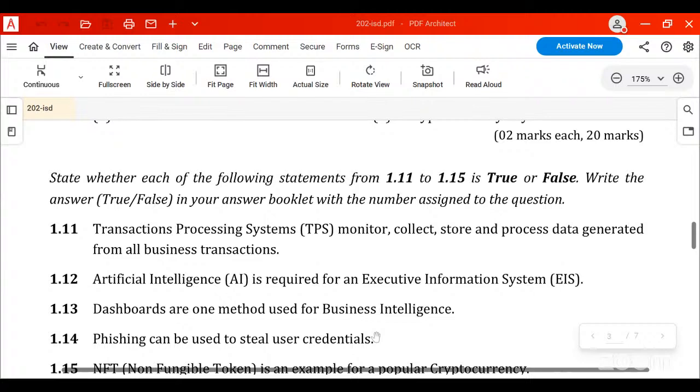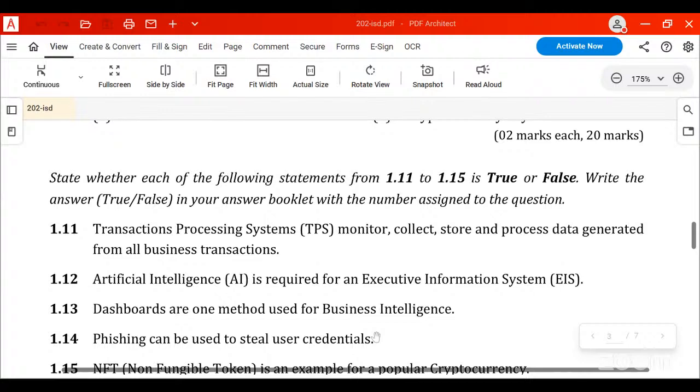TPS normally handles day-to-day transactions. Artificial intelligence, AI, is required for executive information systems. That is not required, so that is false.